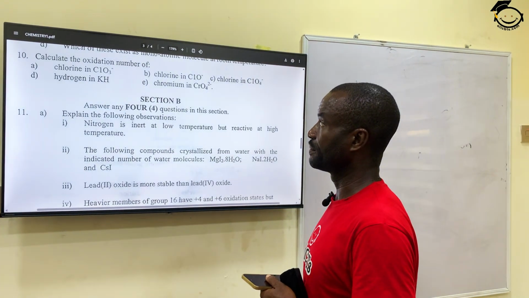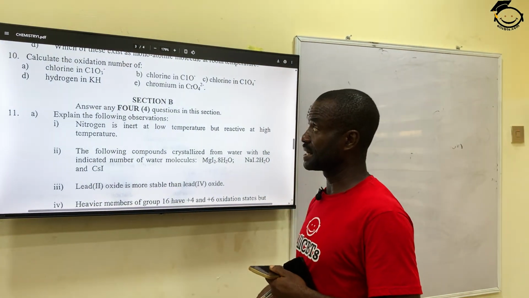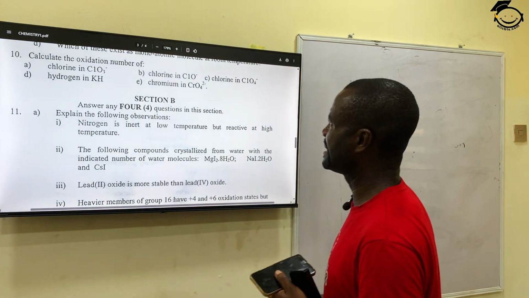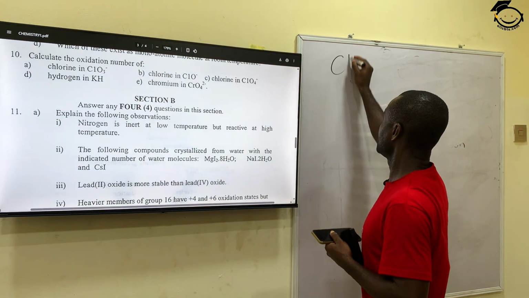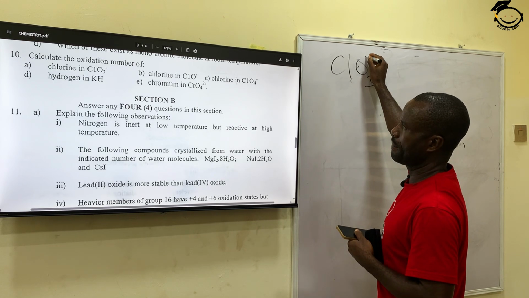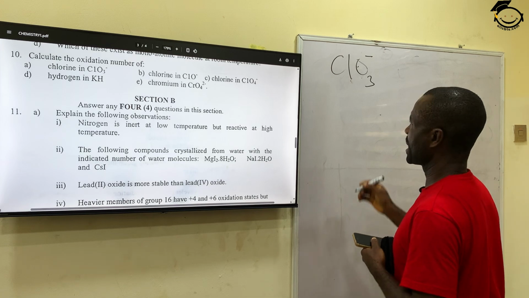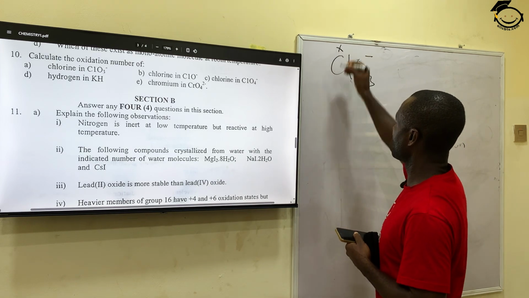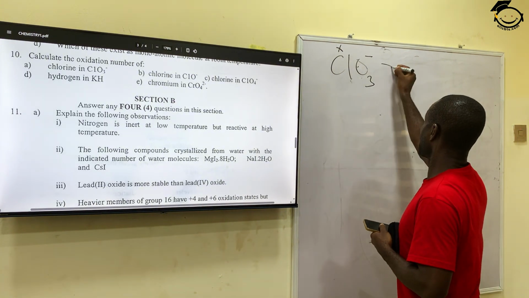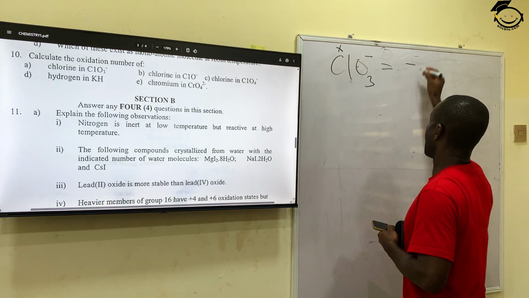Question 10. This is going to be the last question on this section. Calculate the oxidation number of chlorine in ClO3 minus. To get the oxidation number, let the oxidation number of chlorine be X. We equate everything to minus 1.